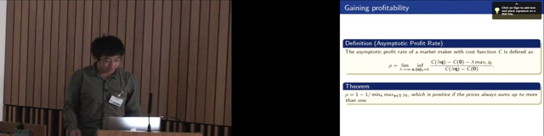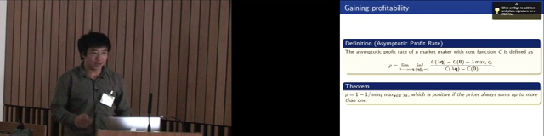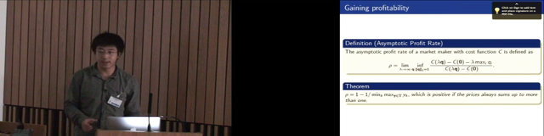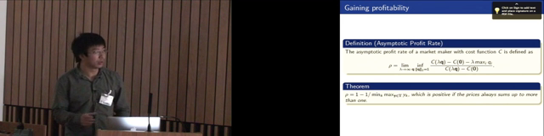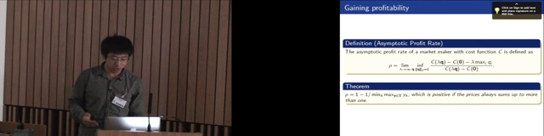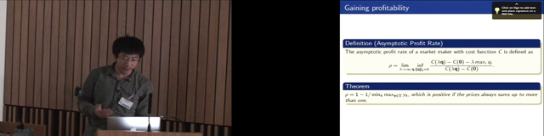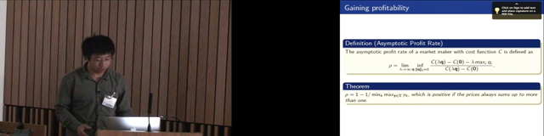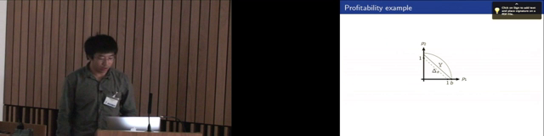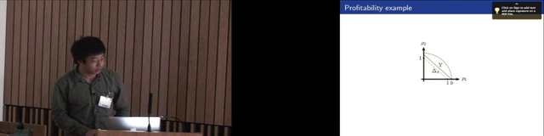So we prove that we can calculate this profit rate rho by a formula that is determined only by the shape of the price space. And it can be shown that this profit rate is always positive if the prices always sum up to more than one. So here's an illustration of this.